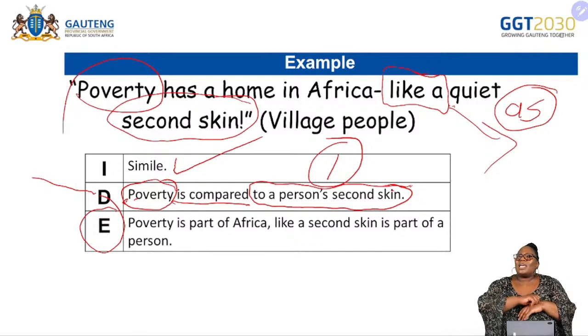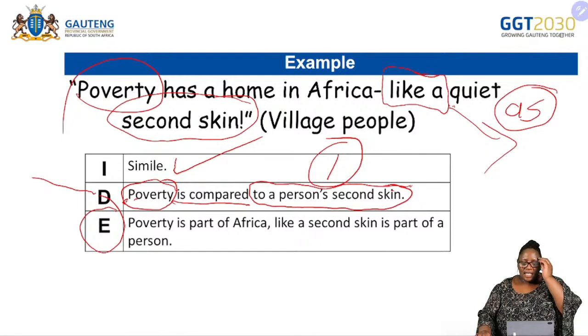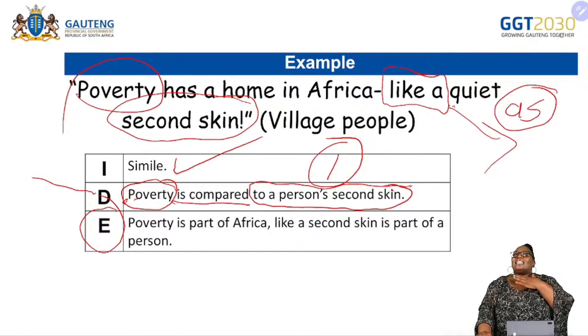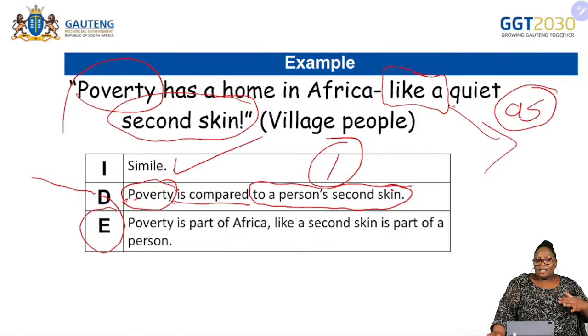You cannot do away with your skin, isn't it? It's together with you. It is you. It defines you as a person, that you have a skin. It's an inborn thing in you. You have a second skin that makes you a human being.